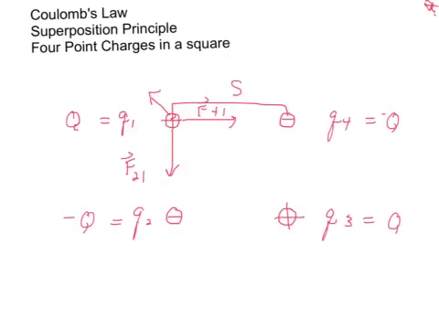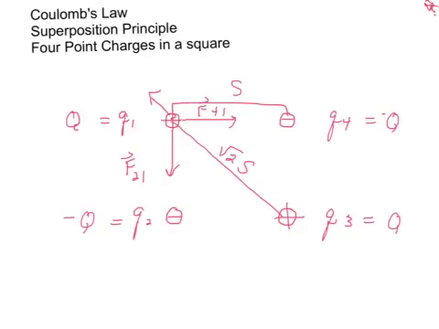Because the distance from Q3 to Q1 is bigger than the distance from Q4 to Q1, or Q2 to Q1. What is that distance? We should mark it on our figure. It's this distance here. It's the diagonal of the square of side S. So if you do the trig, you'll find out that this is the square root of 2 S in length.